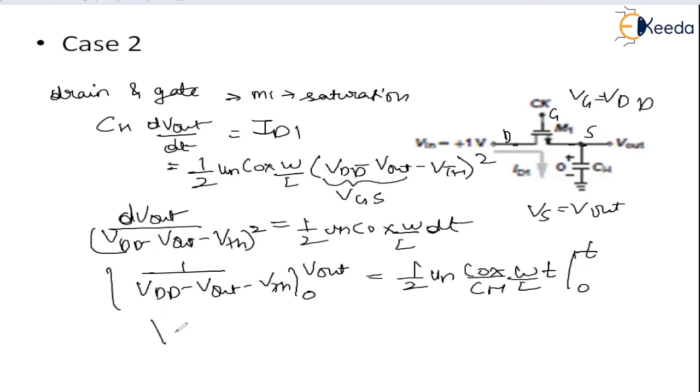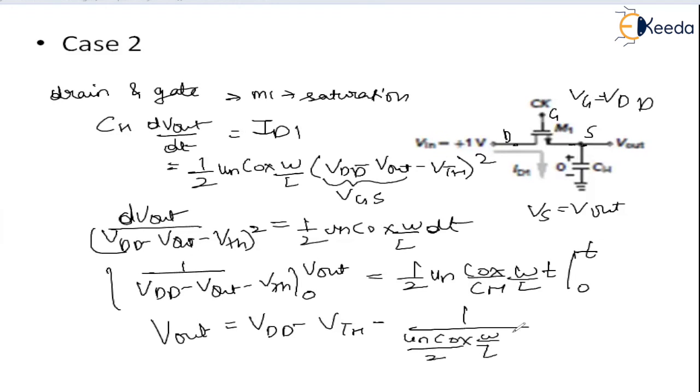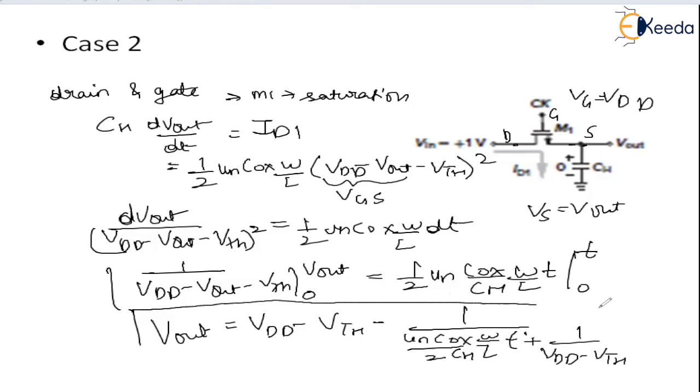Thus we get Vout equals VDD minus VTH minus 1 upon half mu n Cox W by L over CH t plus 1 upon VDD minus VTH. So this is the equation of Vout in terms of t.